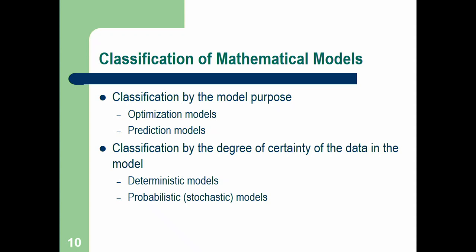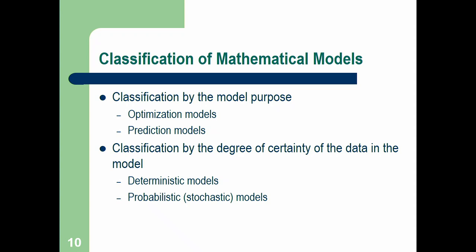I keep talking about models, but before we get into some of this, we're going to classify models first. Okay? And the two major classifications of models are by the purpose of the model. The first type, and that's what we're going to get into first, is something known as optimization models. Optimization models is picking the best option, right?